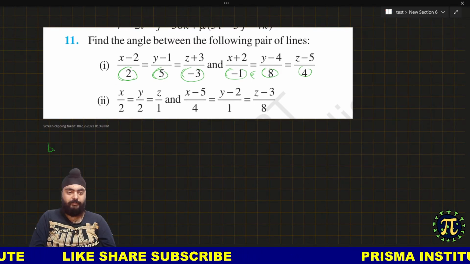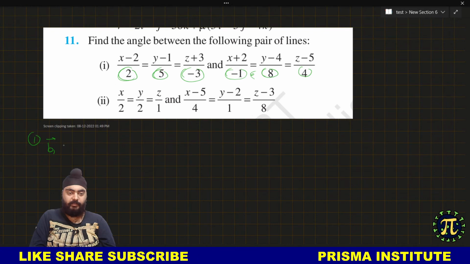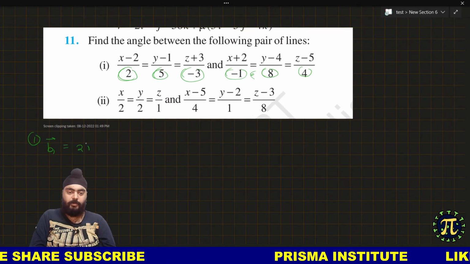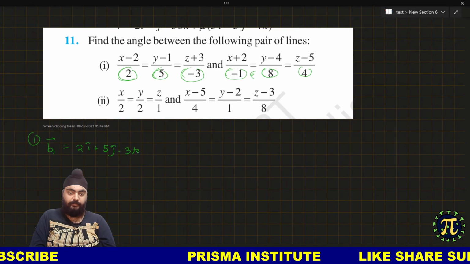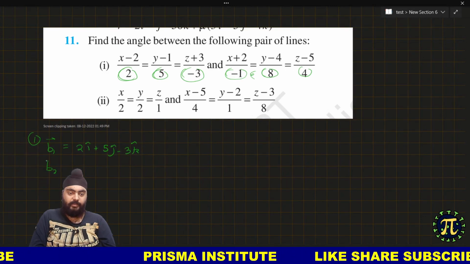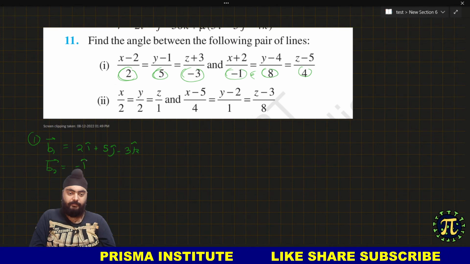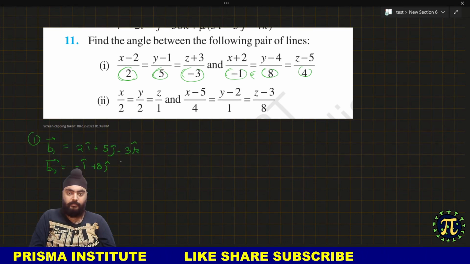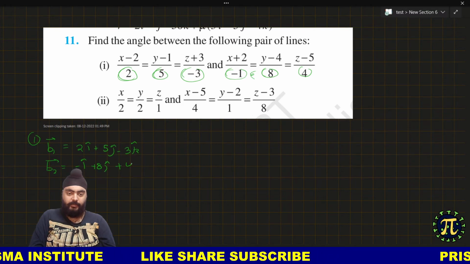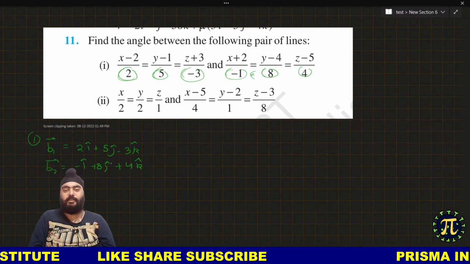So I can find first part के लिए b1 vector कितना आ रहा है, abc note down करने के बाद, I can just say 2 i cap, 5 j cap and minus 3 k cap, and b2 vector कितना आ रहा है, minus i cap plus 8 j cap and plus 4 k cap. But हमेशा ध्यान से करें इस क्वेश्चन को.